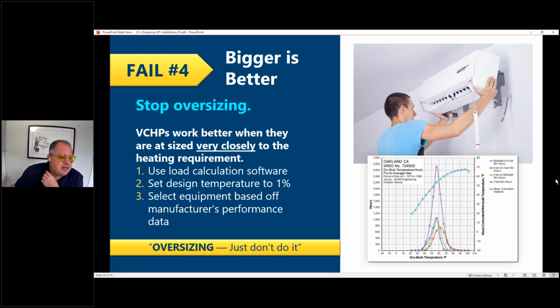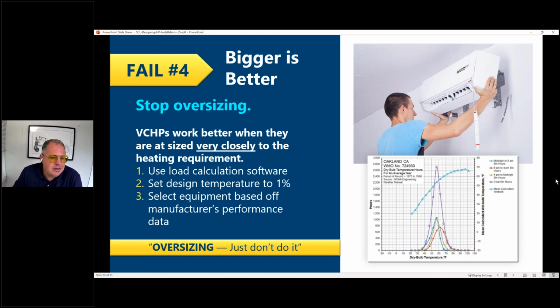We talked about this in the beginning. Basically, bigger-is-better thinking is always a source of trouble when you're dealing with efficient mechanical equipment, because all that energy efficiency is designed for a machine to stay within its comfort zone. When you oversize it, you wind up making it start and stop a lot more than it's designed to do.